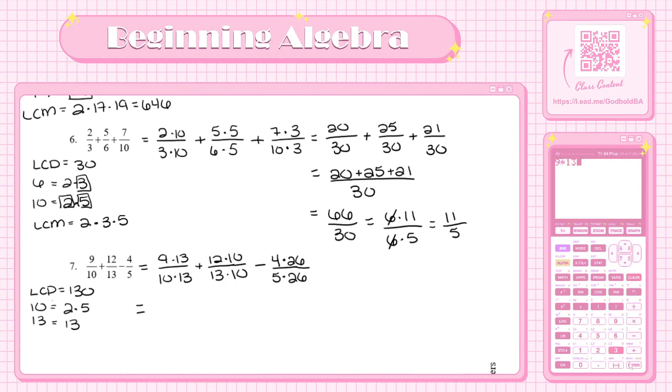So 9 times 13 is 117 over 130 plus 120 over 130 minus, what is that, 104 over 130.